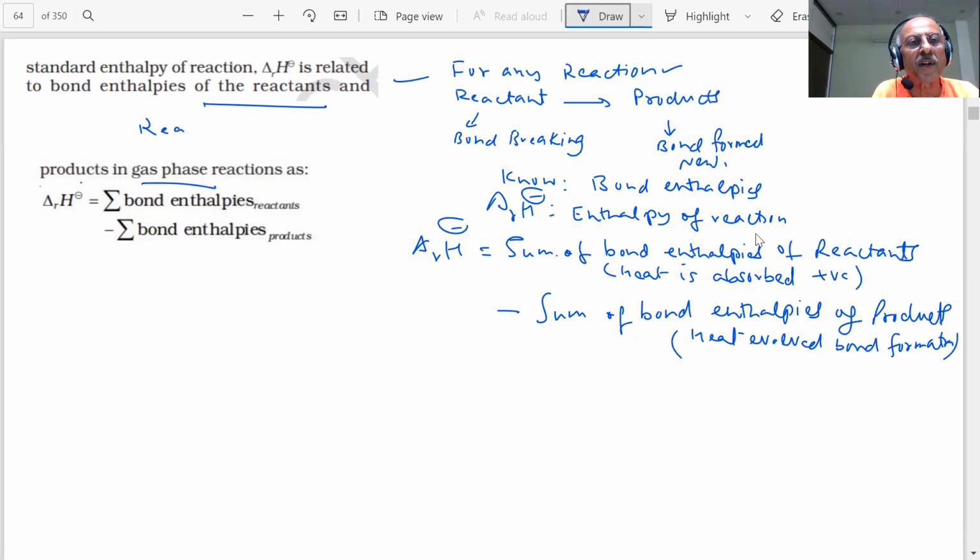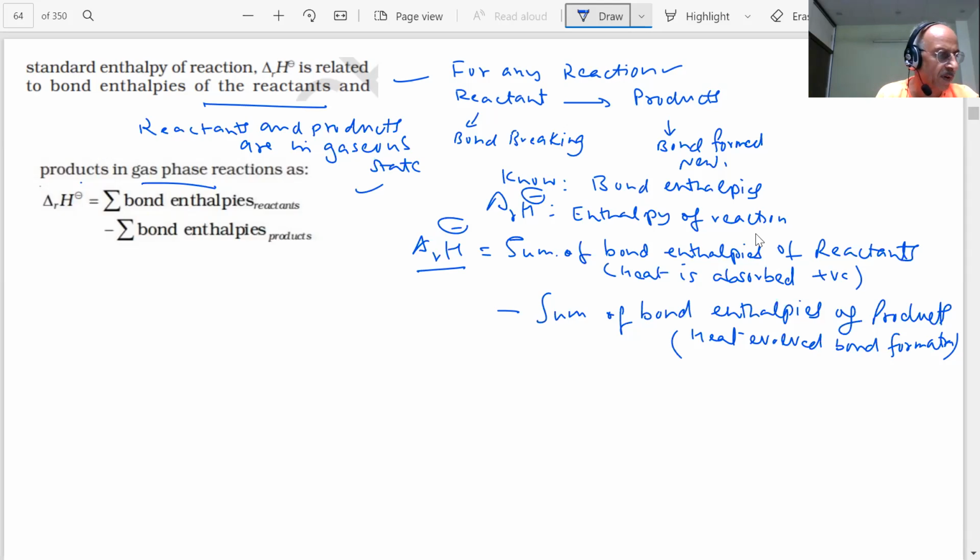This is important when the reactants and products are in gaseous state, students. So we can write the general formula. Sum of the bond enthalpies of reactants minus sum of the bond enthalpies of products will be equal to delta rH. That is what we are seeing, student. Note down, important.